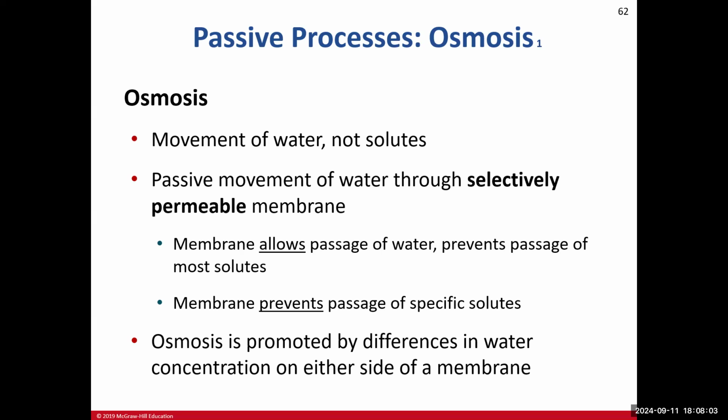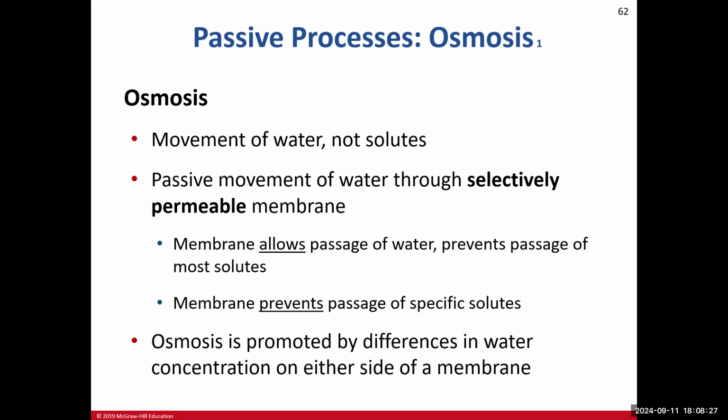So the first passive process that we learned about was diffusion. And we had simple diffusion, and then we just wrapped up facilitated diffusion. So simple diffusion, we see where material would move directly through the plasma membrane. And they had to have two characteristics, small and nonpolar.